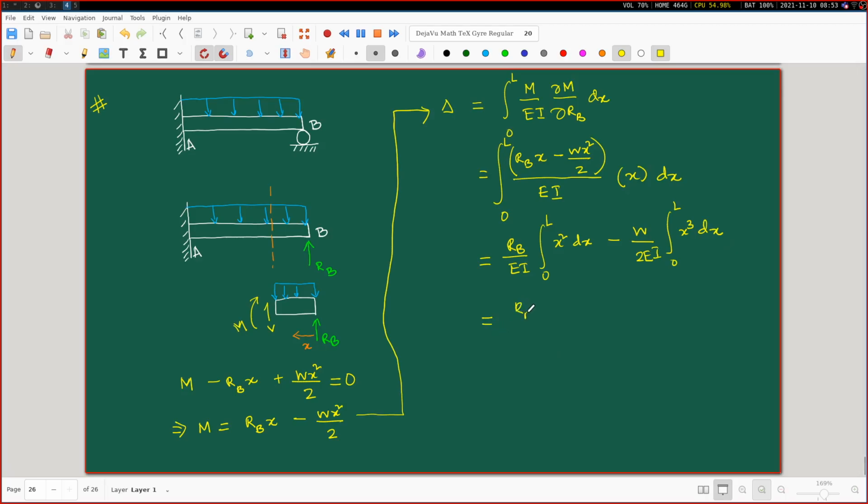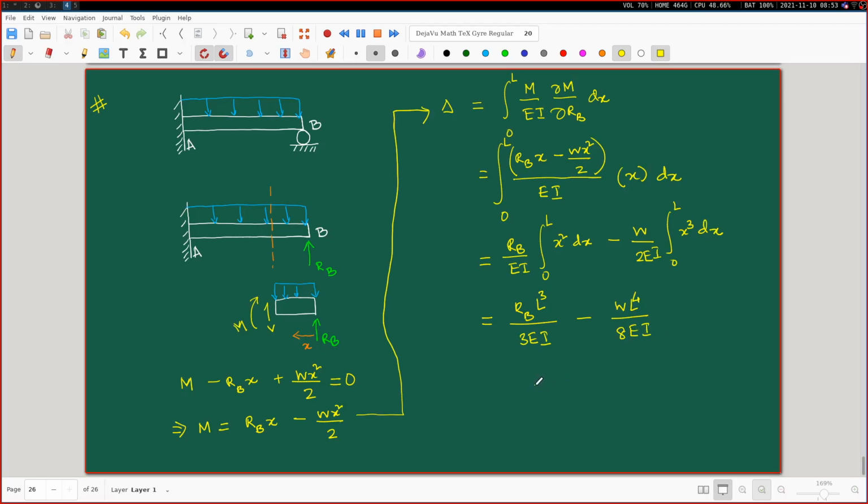So this is giving me RB, this is x cube by 3. So this is L cube by 3 EI minus this is L to the power 4 by 4. So this is W L to the power 4 by 8 EI.